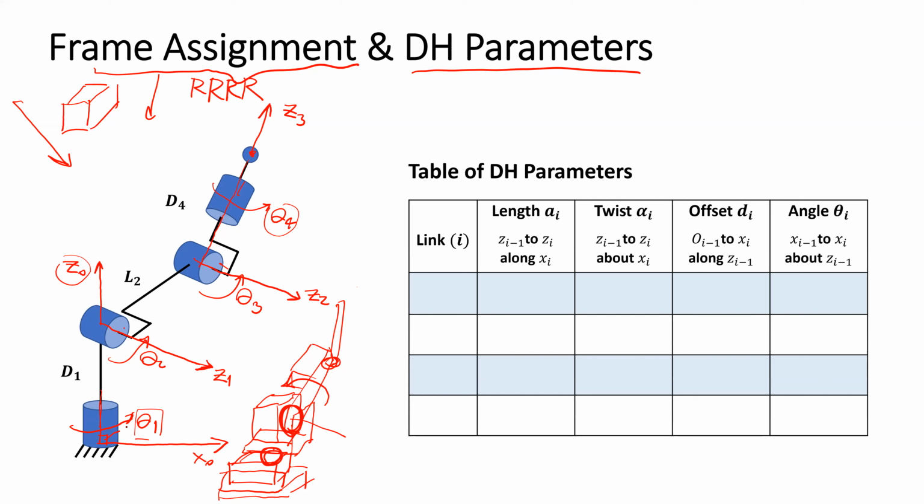When theta 1 rotates, it will change the orientation from x0 and rotate in the counterclockwise direction and change the projection by theta 1 degrees.